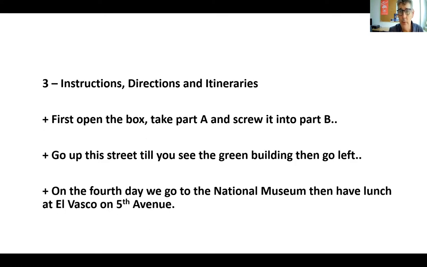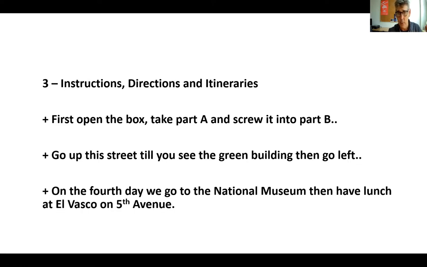This one's a little bit, Vence talks about this one here with instructions, directions, and itineraries. And itineraries essentially are schedules. If you've joined a club and you're having a big weekend where all the club members are meeting, it's a hiking club, and you're meeting at 8 o'clock at the square, you're going to hike, and there's an itinerary for the day.